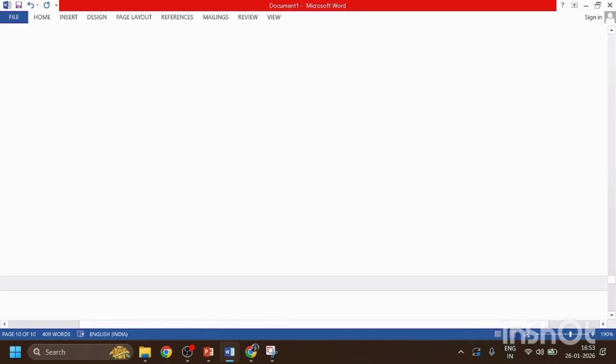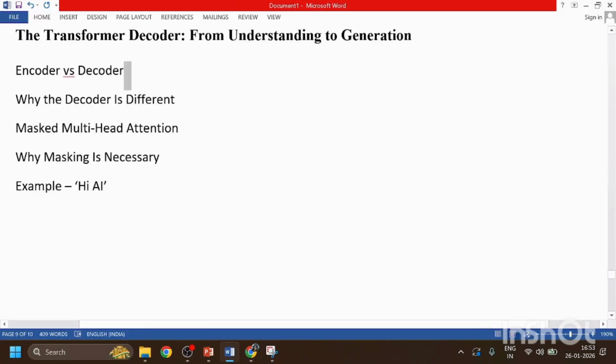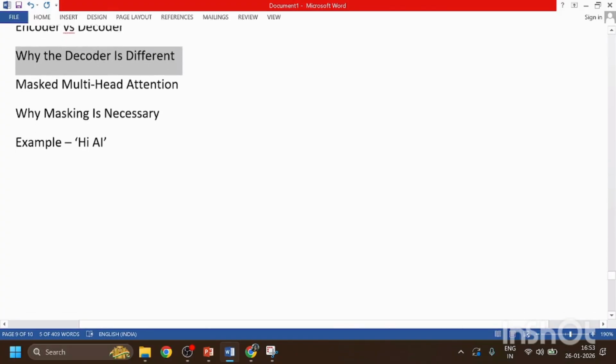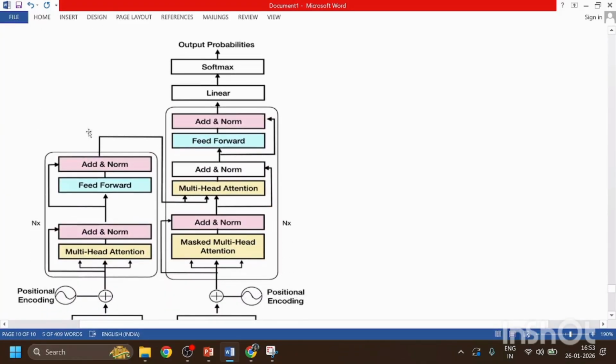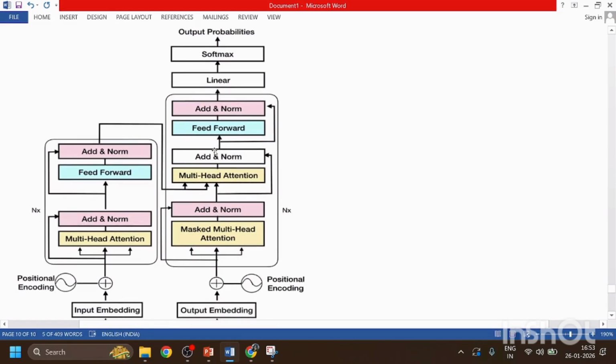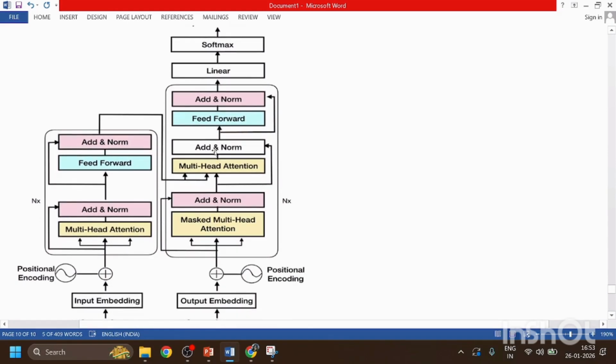Now, why is the decoder different from the encoder? The decoder is different in one key way: it must not see future words.